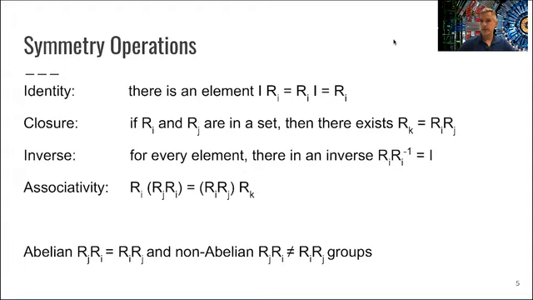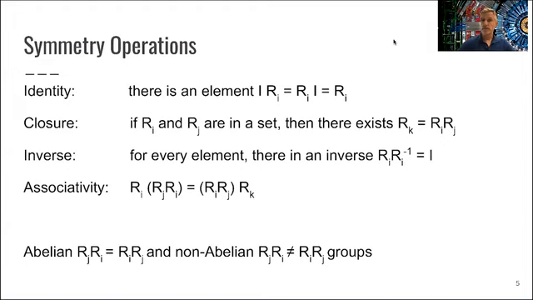The first one is that any symmetry operation has to have an identity, meaning there has to be an operation which doesn't do anything to an element of this group. There has to be closure, meaning that if you apply a first transformation and then a second, the resulting transformation is again part of the set of transformations.